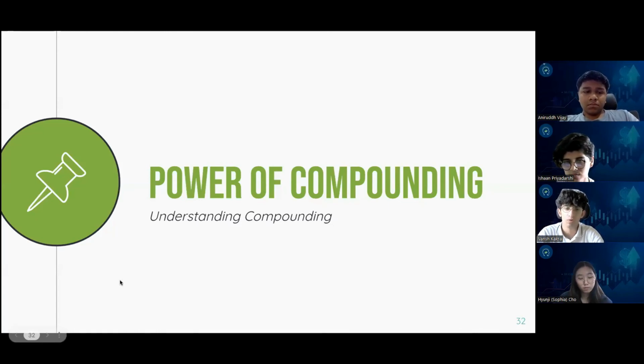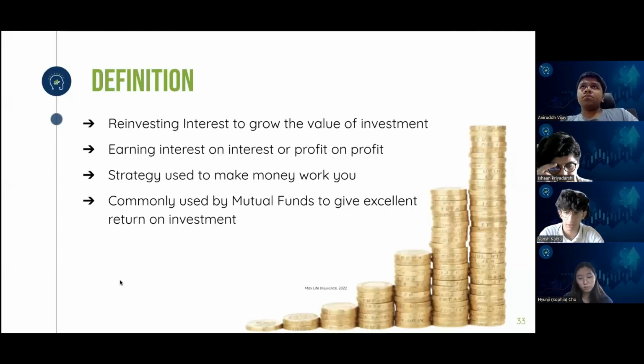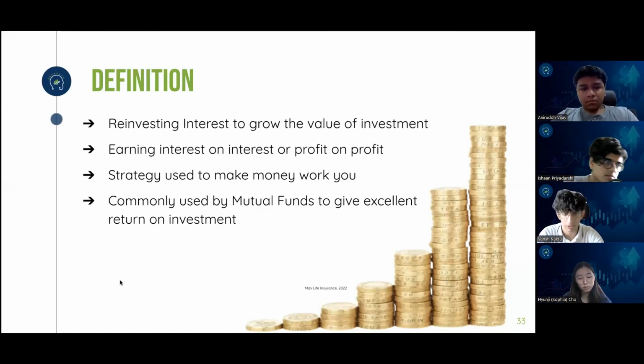So now let's move on to the most important part of it, which is called the power of compounding. We'll understand what compounding is, how it works in the stock market, and how it can help you as an investor to earn more money. The power of compounding is a method by which an investor can make their money work for them, because the interest is added to the principal amount and the new amount is reinvested.